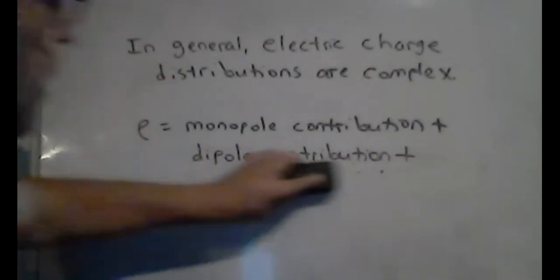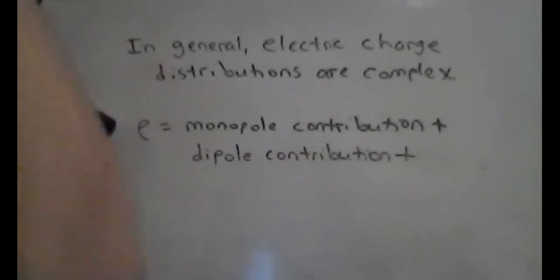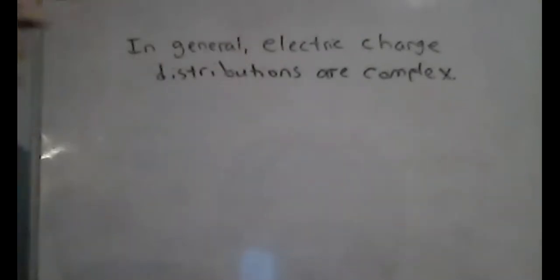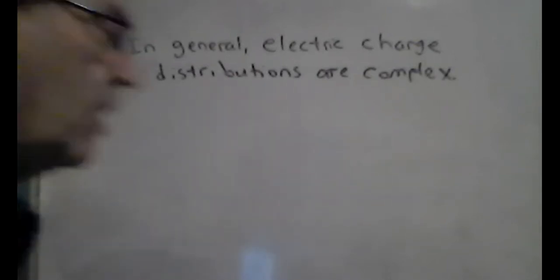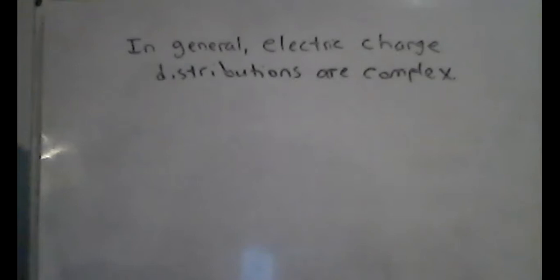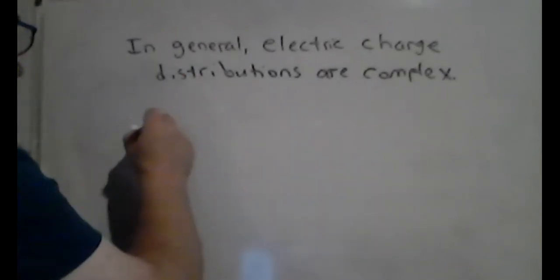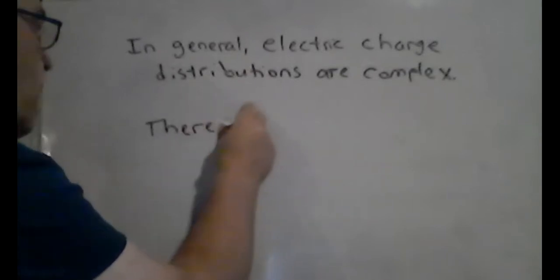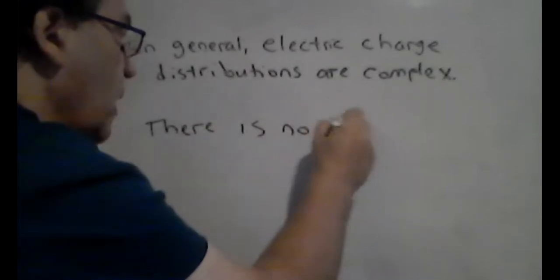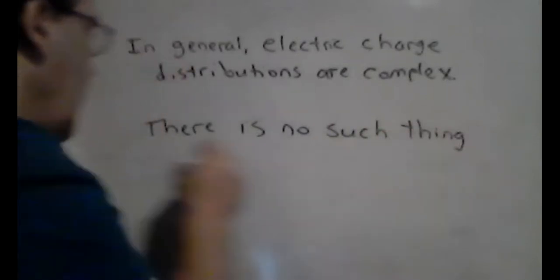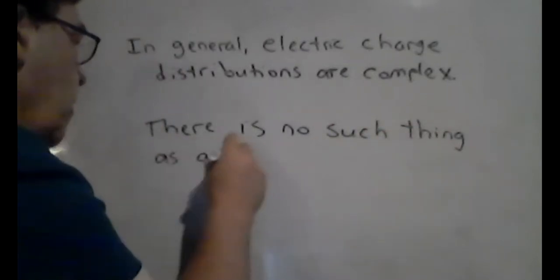There's something really interesting about that: electric charge actually has a monopole, right? Magnetic fields, one of the things we're going to understand from magnetic fields is that when we talk about magnetism, there is no such thing as a magnetic monopole.